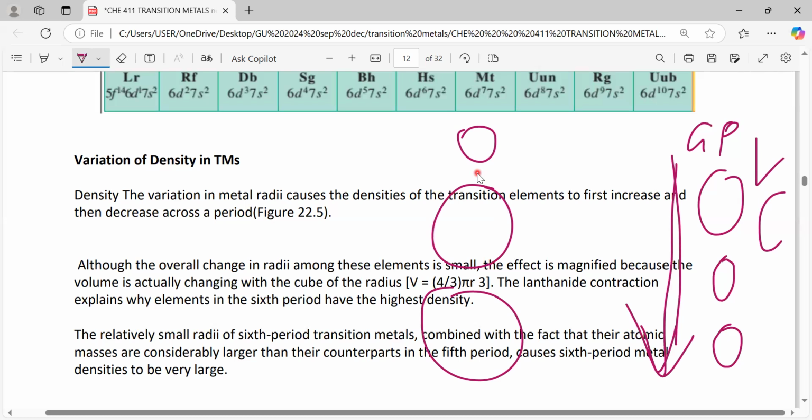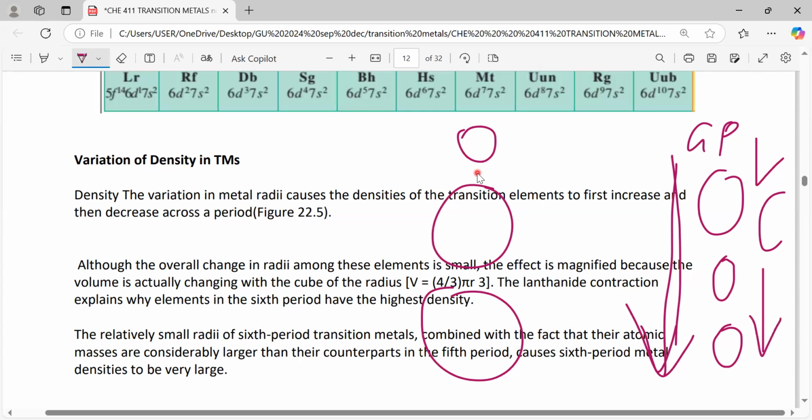And therefore it means when I move down the group in transition metals, density increases because I'm packing more heavy particles together. They're heavy but small, so I'm packing them together. Remember, when you move down, even the atomic number is increasing here.